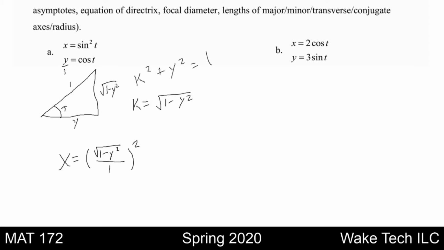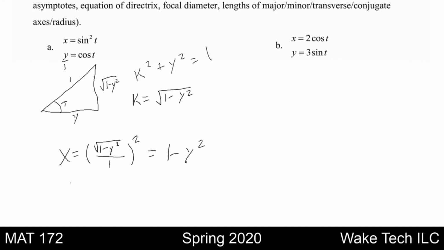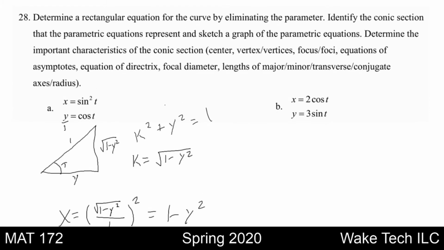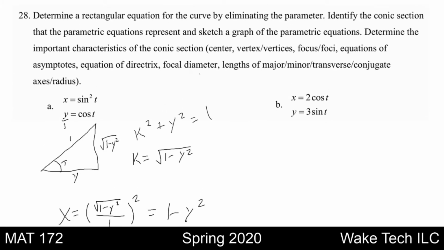Now notice dividing by 1 doesn't actually do anything, so this is just the square root squared, which is then equal to 1 minus y squared. Then our equation is just x equals 1 minus y squared. I notice that the x is not squared and the y is. That tells us right away that what we're dealing with is a parabola. So we've identified the conic section.